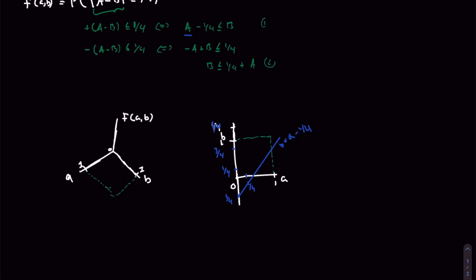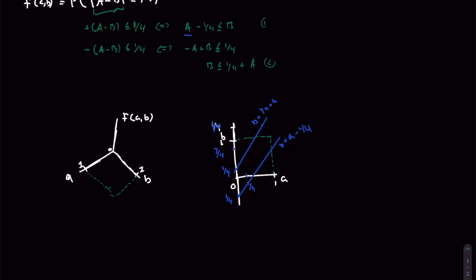Let me draw it like so, with b at 1 up here, and when a is 0, it's 1/4. Yeah, so let's do that. And this is b equal to 1/4 plus a.